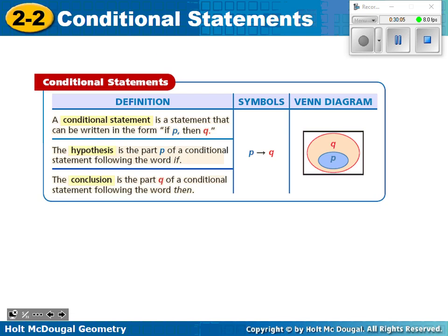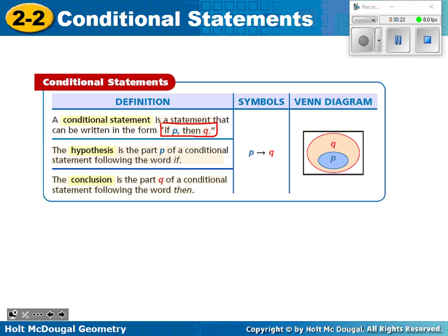Conditional statement. You guys with me? A conditional statement is a statement that can be written in the form, if something, then something. They're going to write P and Q because they don't want to have to write out super long sentences here for the examples.